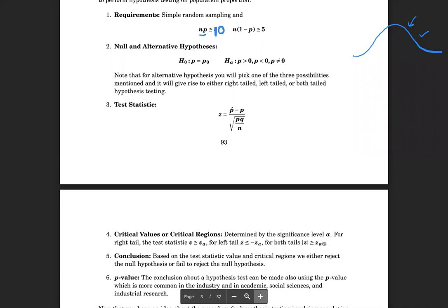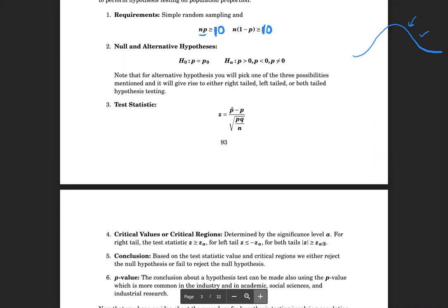And then n times 1 minus p is greater than or equal to 10. I think for proportion hypothesis testing it could even be 5, but we just want to be on the safe side, so we leave it at what is more acceptable, which is 10.